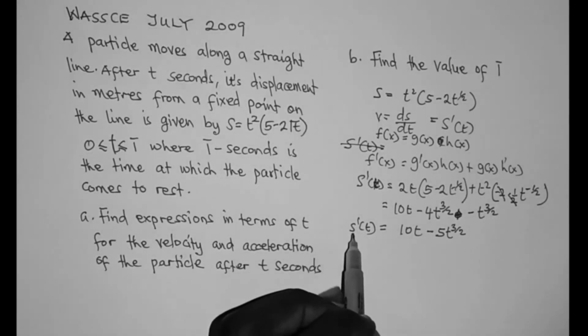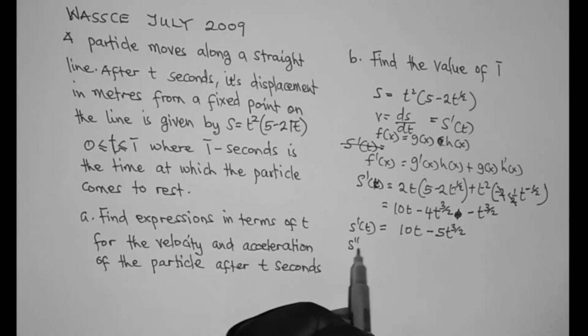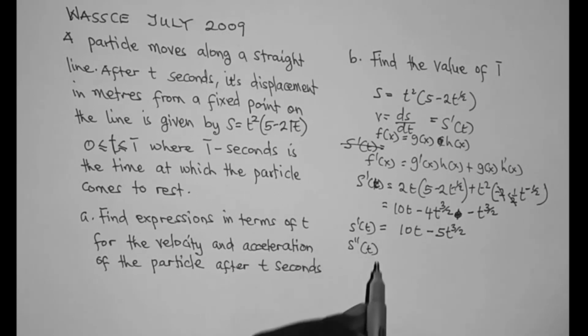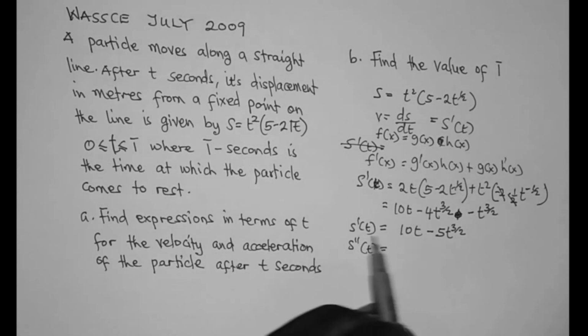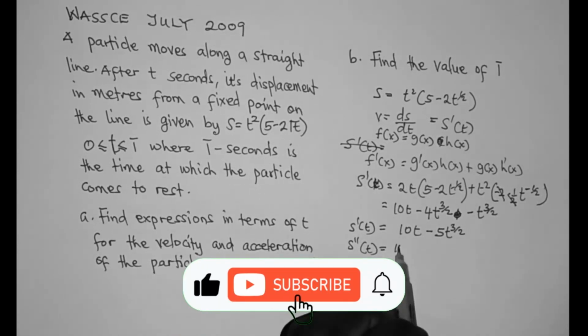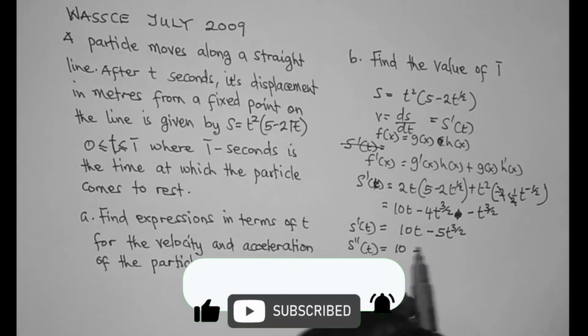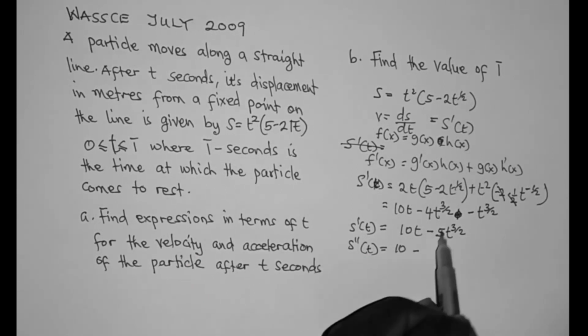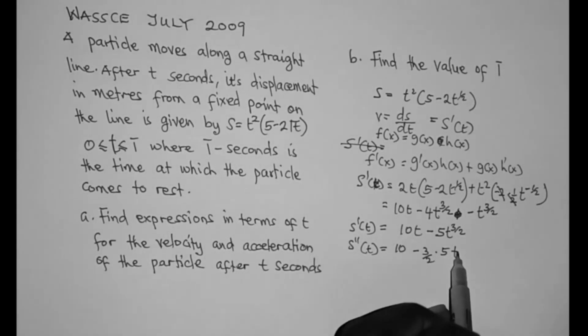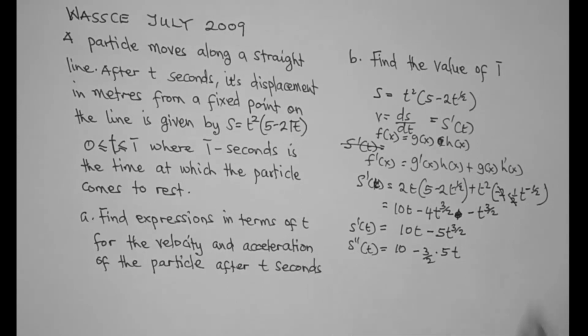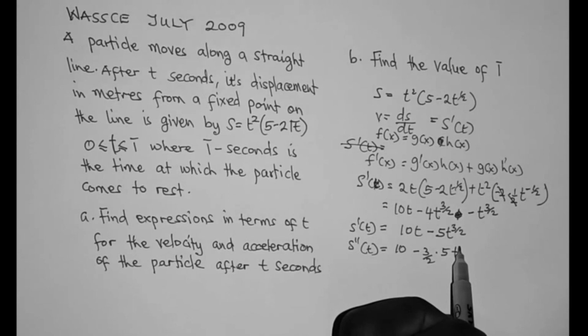Then let's find the acceleration. The acceleration is s double prime of t. And this is equal to, so let's further differentiate this. If you differentiate 10t, you get 10, minus, if you differentiate this part, you get 3 over 2 times 5, then t exponent 3 over 2 minus 1, which is 1 over 2.